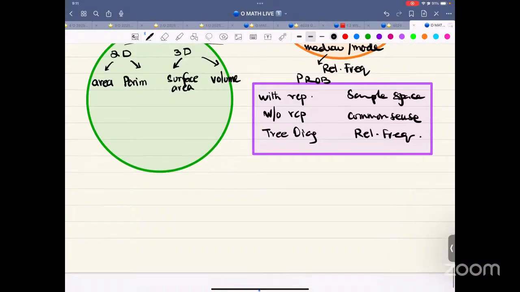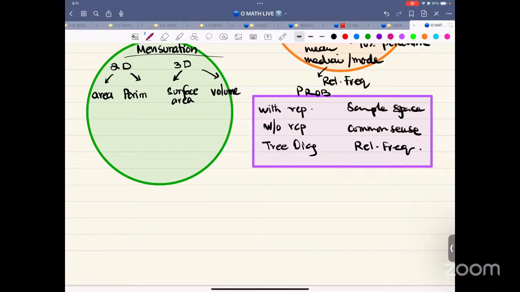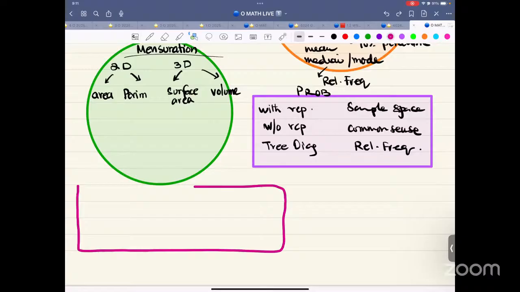What else is there? So now if I talk about vectors and transformation, let me fold that into one category. So this is vectors and transformation. So vectors, that is related with coordinate geometry.